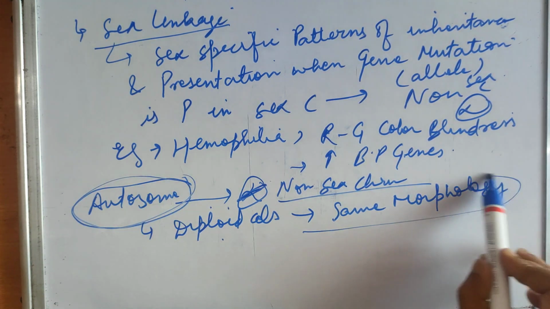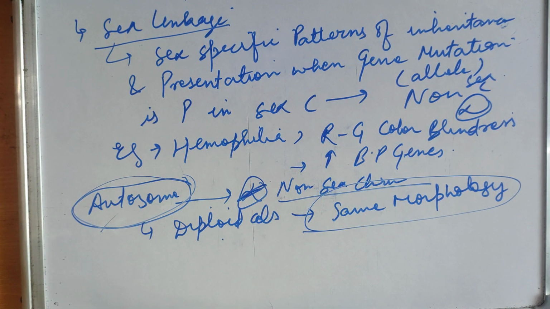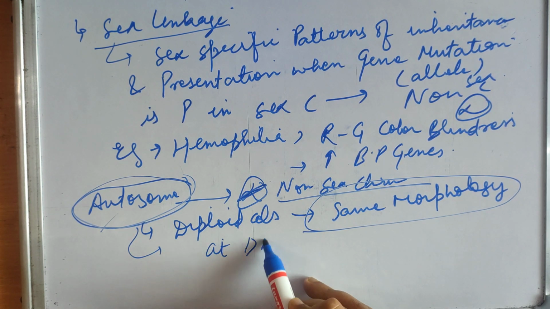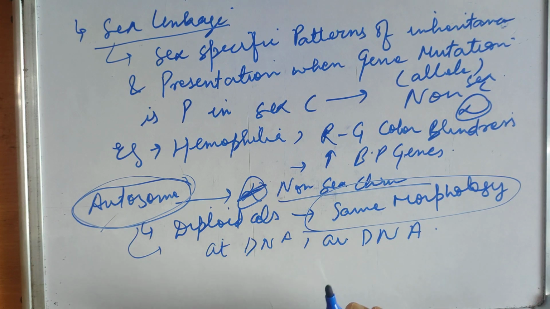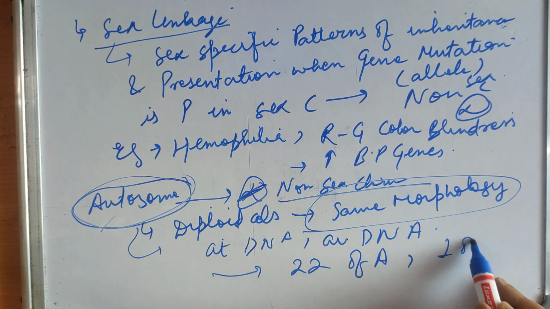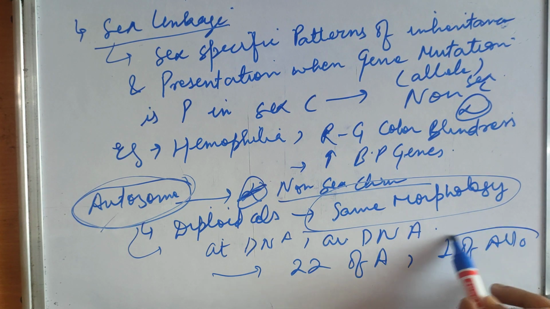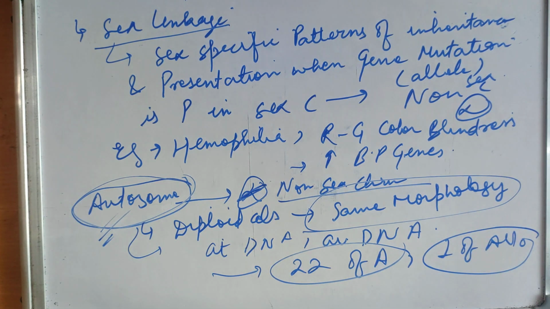The DNA of autosome is known as autosomal DNA, atDNA or auDNA. Humans have 22 pairs of autosomes and 1 pair of allosomes, that is 1 pair of sex chromosomes and 22 pairs of non-sex chromosomes.